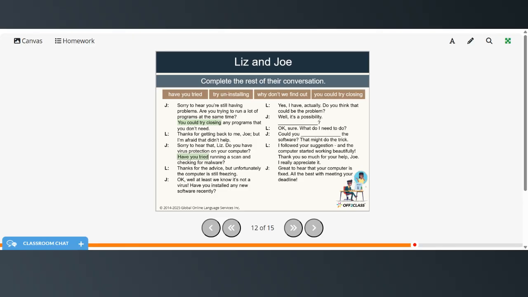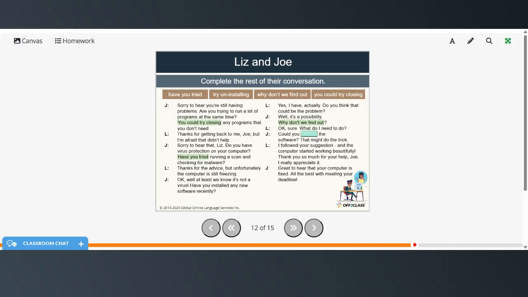Okay, well at least we know it's not a virus. Have you installed any new software recently? Yes, I have actually. Do you think that could be the problem? Well, it's a possibility. Why don't we find out? Okay, sure. What did I need to do?